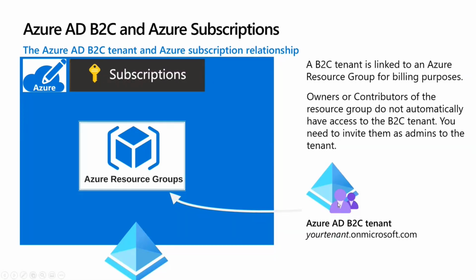They can't switch a directory and start sort of doing stuff because they don't have access to the tenant. Only you as the initial admin have that, and you can invite users, perhaps from this tenant or from other tenants, into this B2C tenant to be able to give them access like a global admin, etc.